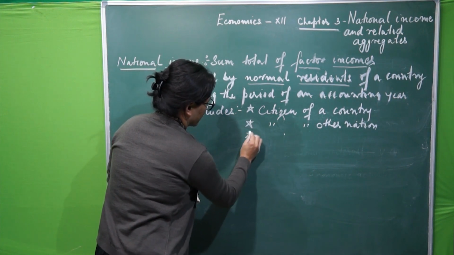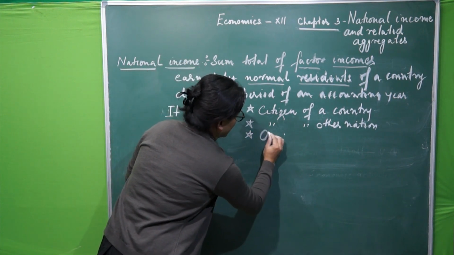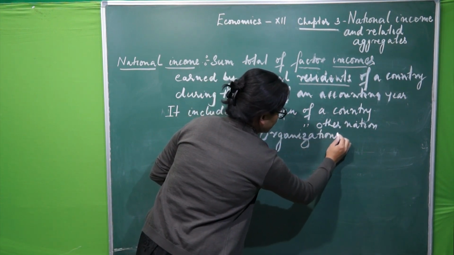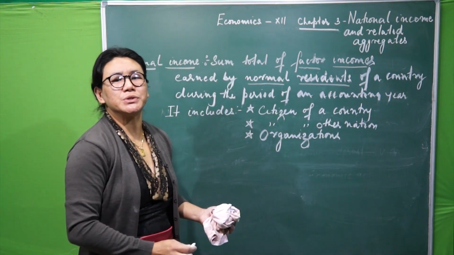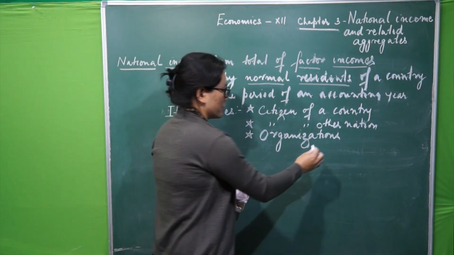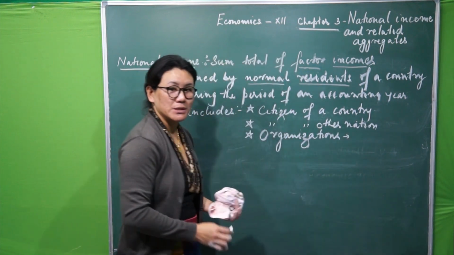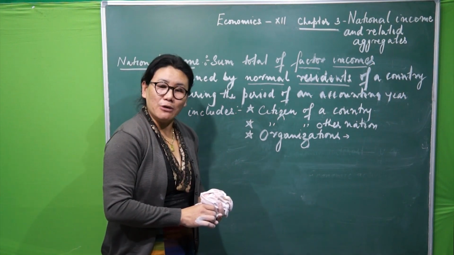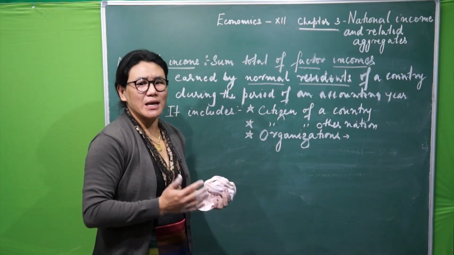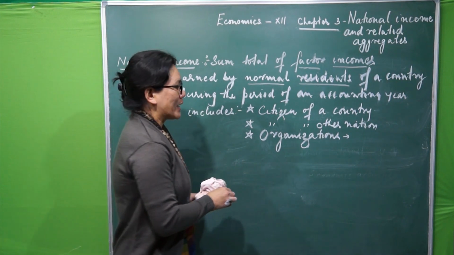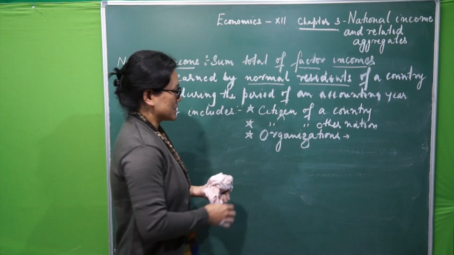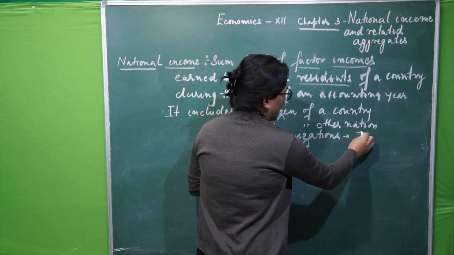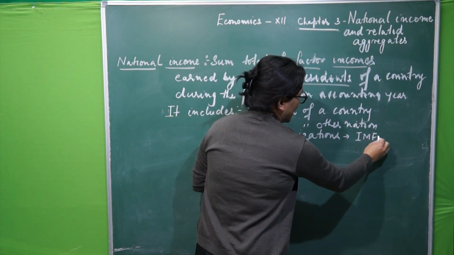Now the third one is organizations. Here by organizations we refer to international organizations. If any international organization is located in a country, for example, we have IMF, World Bank, right?